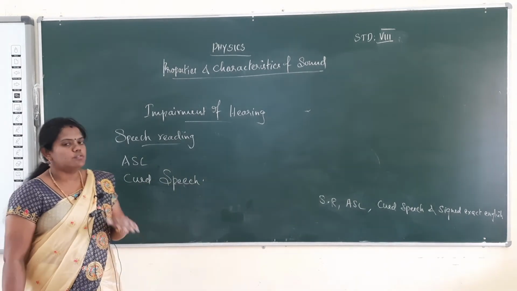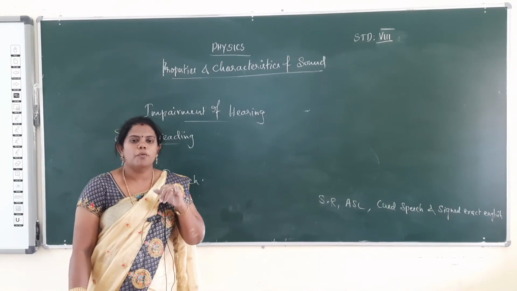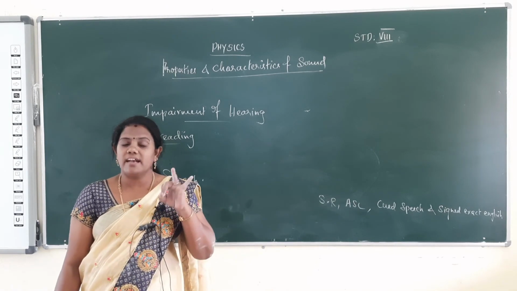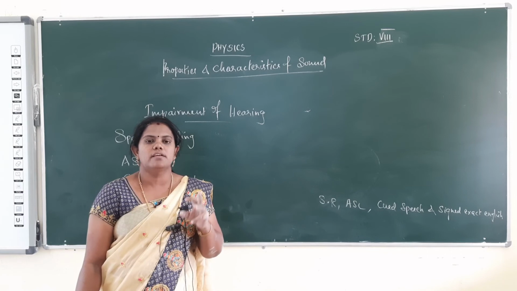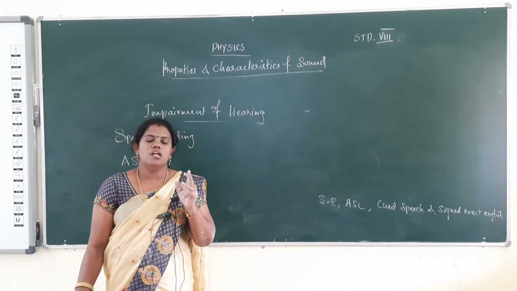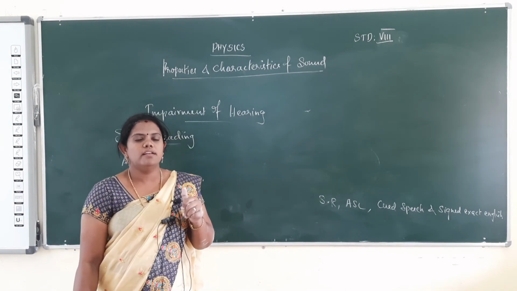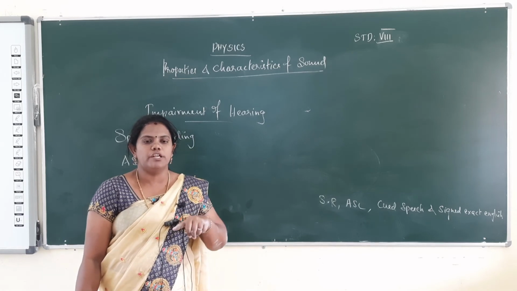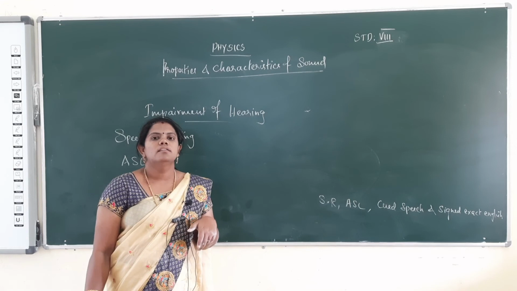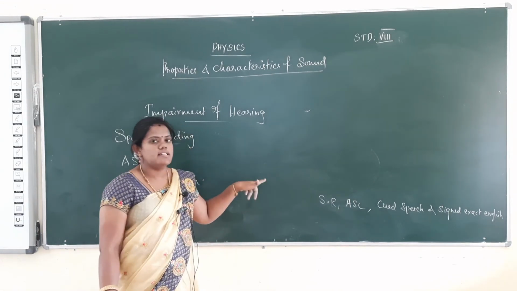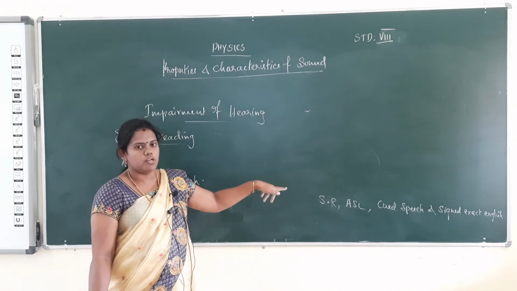Okay. So in today's session we have discussed the properties of sound and characteristics. What are the properties of sound? Amplitude, frequency and time period. Characteristics of sound: pitch, loudness and timbre. And what is the audible range? 20 to 20,000 Hz. What is music? What is noise? Then the effects of noise, sources of noise, how to control noise.